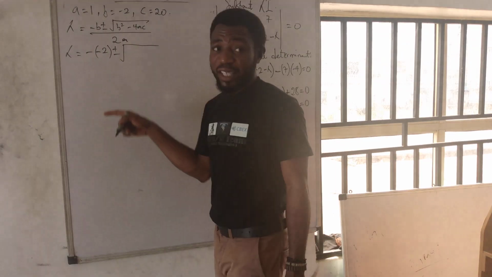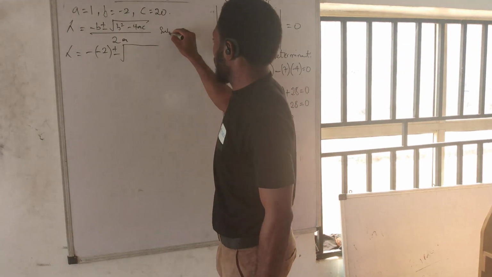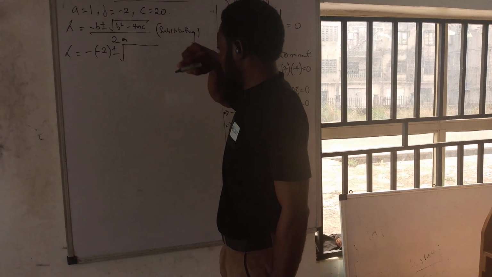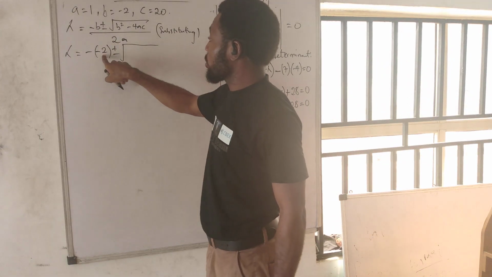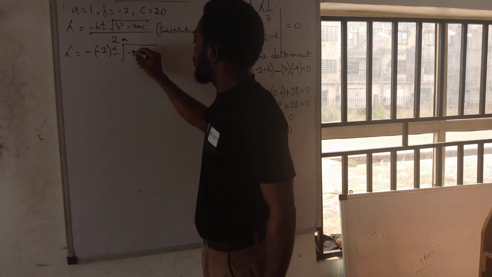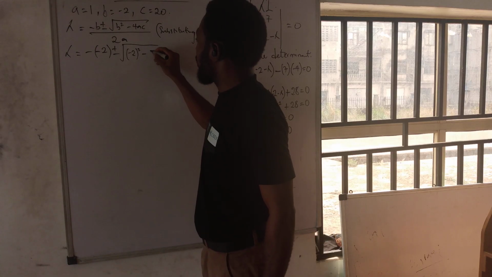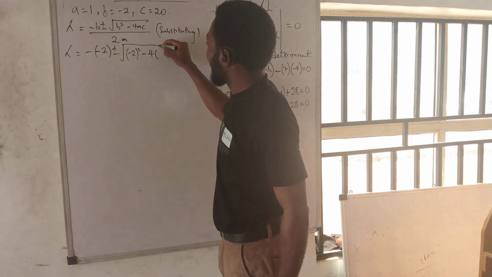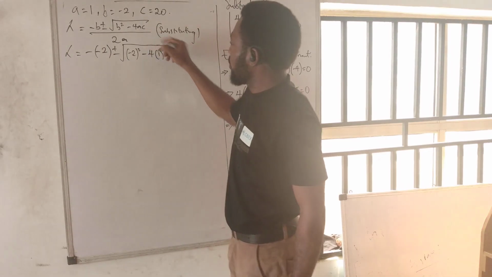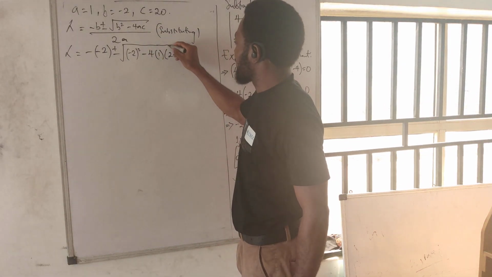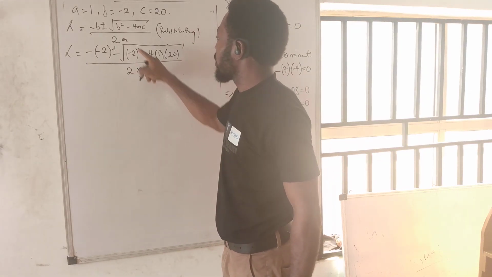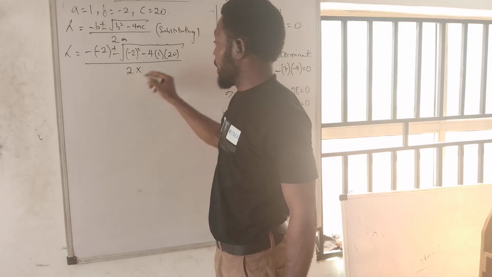I am substituting the values, so take note. So we have minus minus 2 plus or minus square root of b squared, which is minus 2 all squared, minus 4 into bracket. What is the value of a? The value of a is 1. What is the value of c? The value of c is 20. All over 2 times what is the value of a? The value of a is 1.